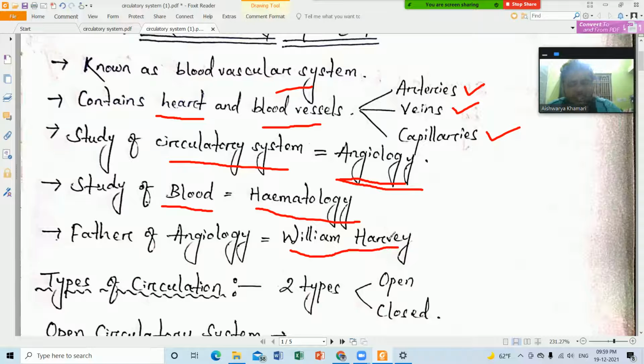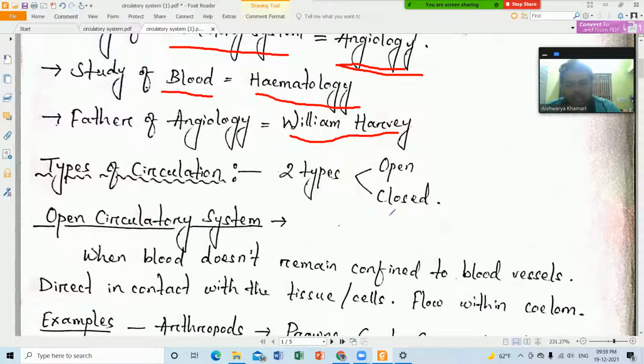He is known as the father of angiology, that is, the study of the circulatory system. Now we will discuss the types of circulation in organisms.